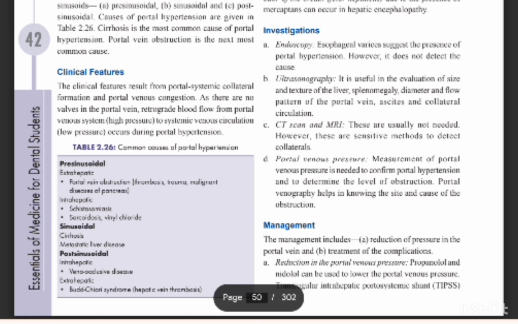Then clinical features. The clinical features result from portal systemic collateral formation and portal venous congestion. As the portal vein doesn't have any valves, retrograde blood flow from the portal venous system, high pressure, to the systemic venous circulation, low pressure, occurs during portal hypertension.